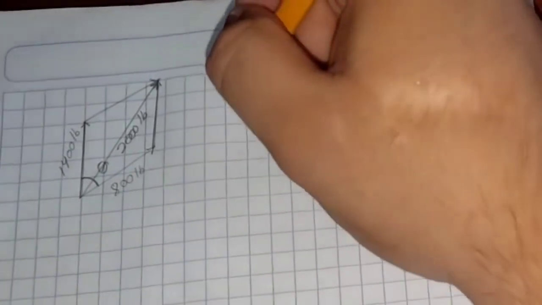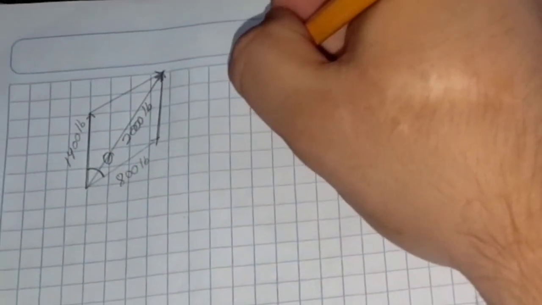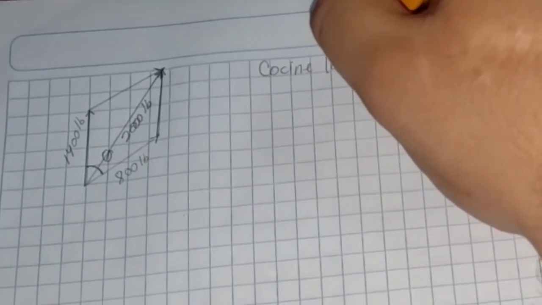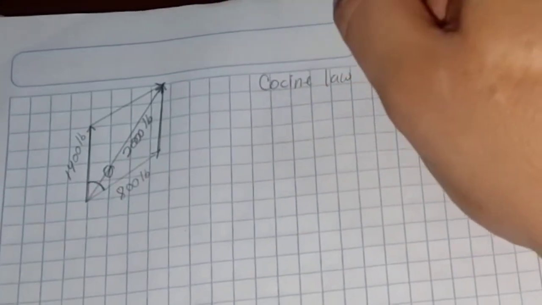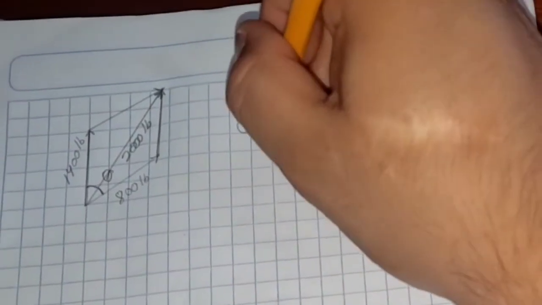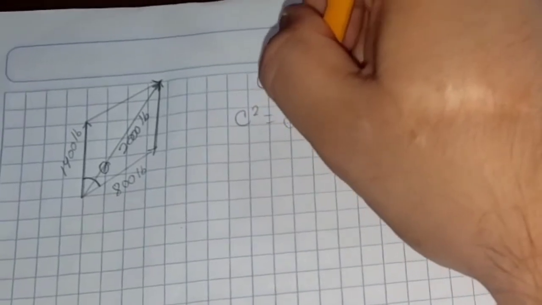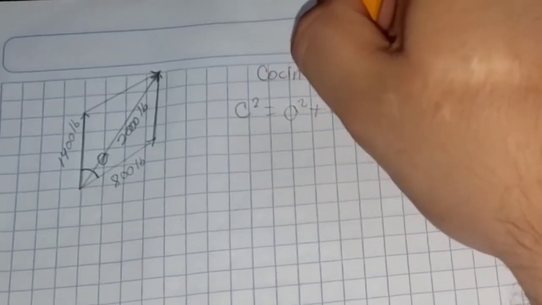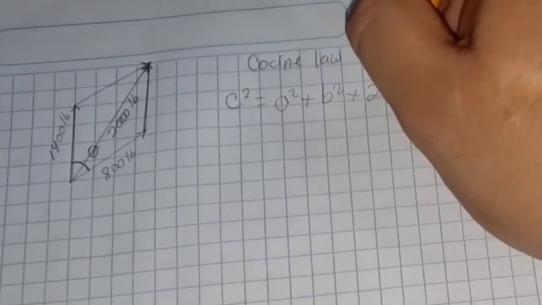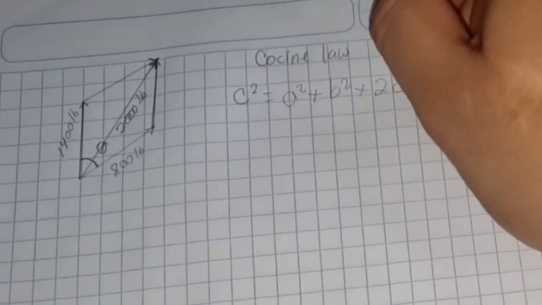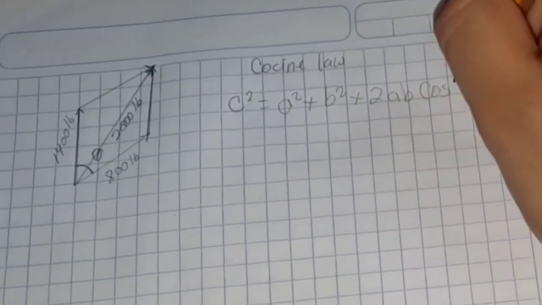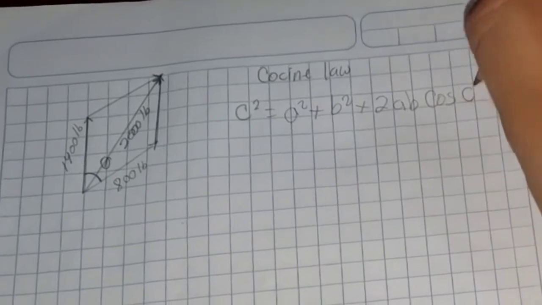Now we can write the formula of the cosine law. That says c squared is a squared plus b squared plus 2 times a times b times cosine of c.